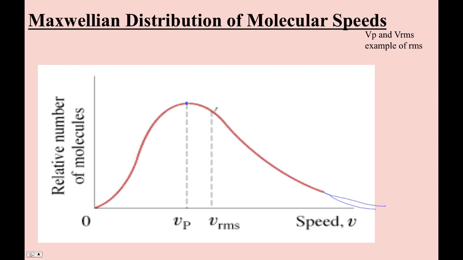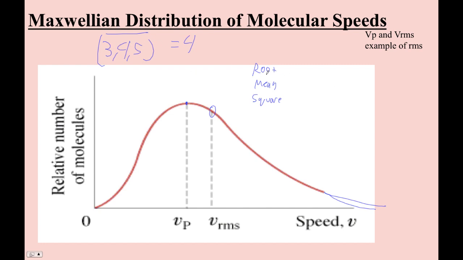Notice how RMS is slightly skewed to the upper end, and that's because RMS stands for the root of the mean of the square. Whenever you do an RMS, it always skews toward the high end. Let's just take 3 numbers, 3, 4, and 5. The mean of 3, 4, and 5 is 4.